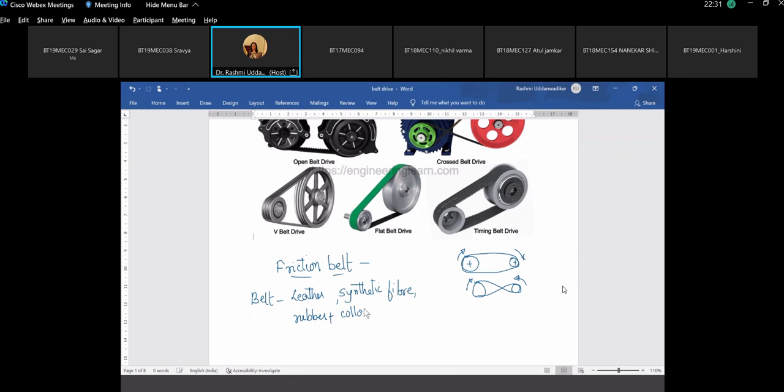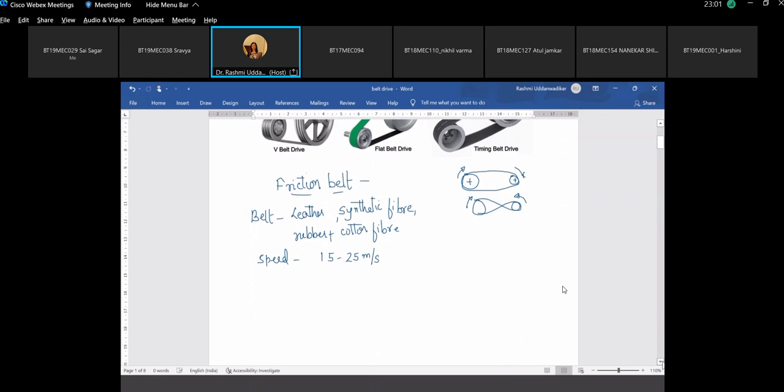This reduces the cost. Normally the speed range for which the belt drive is used is limited to 15 to 25 meter per second. If it's higher than this, belt drives are not preferred, and will not give the required efficiency.